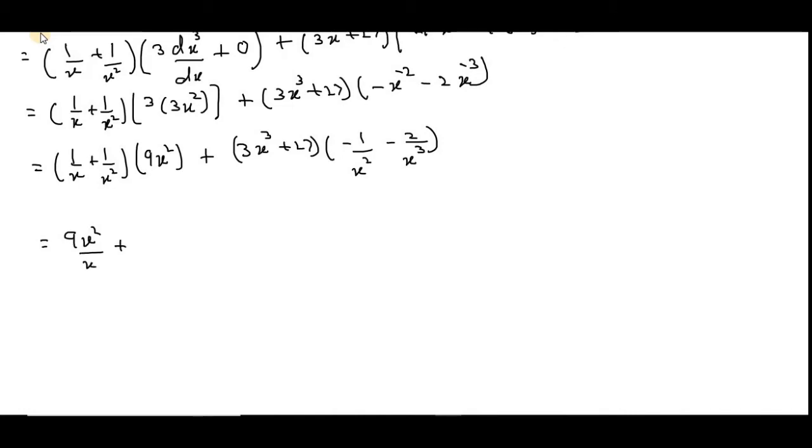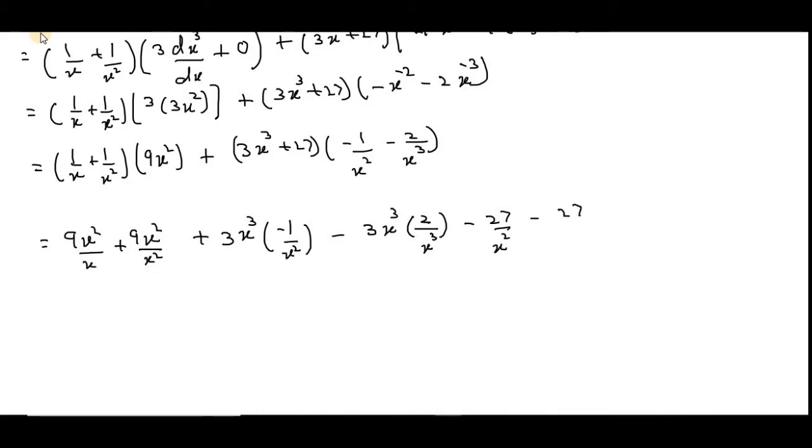Now we are going to simplify it. 9x square over x plus 9x square over x square plus 3x cube, minus 1 over x square, minus 3x cube, 2 over x cube, minus 27 over x square and minus 27 into 2 over x cube.